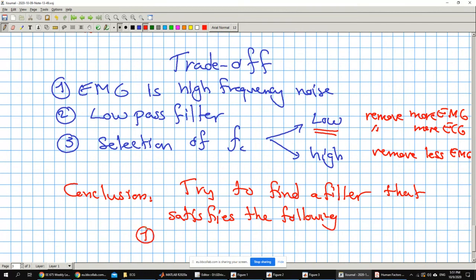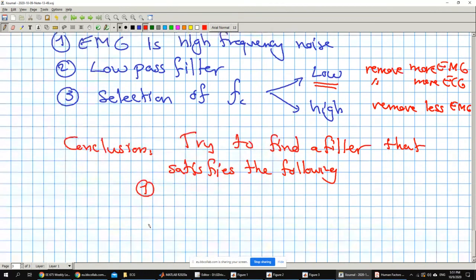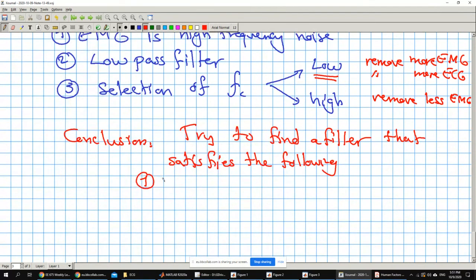First of all, you're trying to filter the ECG to get a better ECG signal. So you have to have a satisfactory ECG signal, with no distortion.